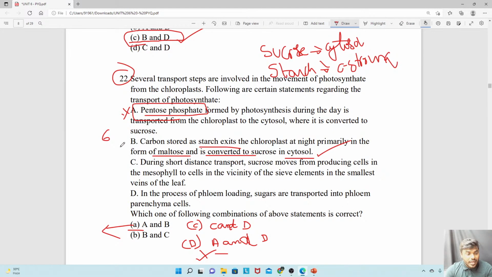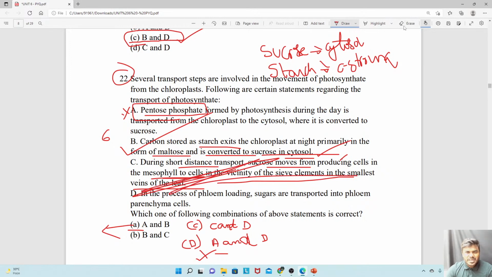We all know that option B is right. Sucrose is synthesized in the cytosol. Option C, during the short distance transport, sucrose moves from producing cells, which are nothing but mesophyll cells, in the vicinity of the sieve elements in the smallest veins of the leaf. This statement is absolutely true.